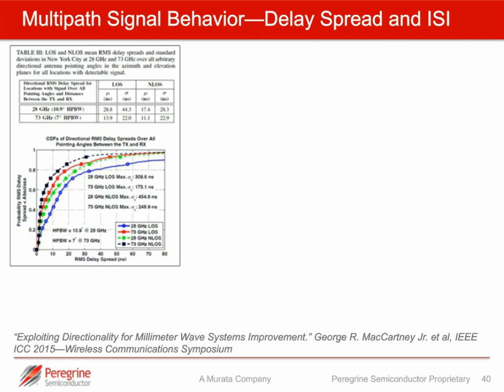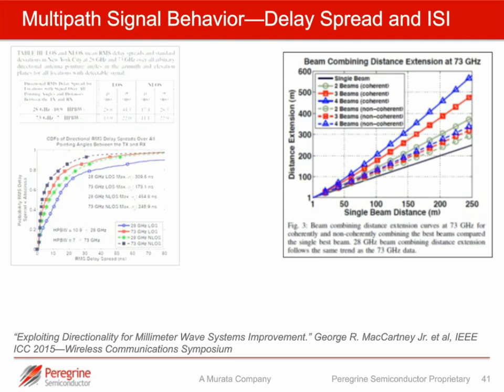And what we can see here is that the delay spread for the line of sight system is greater than the non-line of sight system. Now this may seem counterintuitive at this point, but it's also notable that there is a significant amount of delay spread in both cases. And we'll come back to why the line of sight has larger delay spread in a subsequent slide.